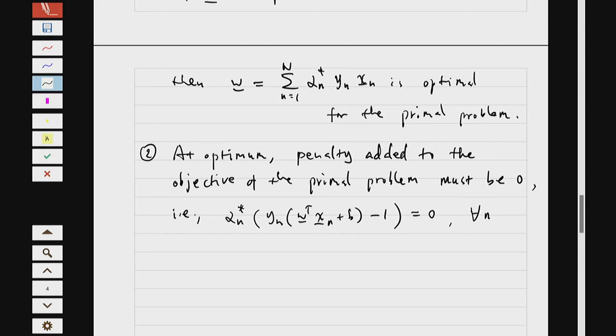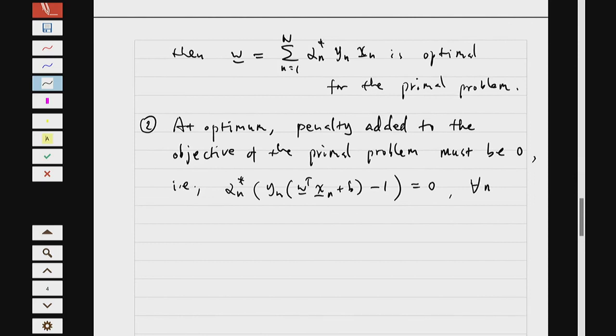It's enough to say that the penalty at the end has to be 0. That's really what the complementary slackness condition is. Otherwise, you will not be solving the original problem. So if this product has to be 0, either alpha n star has to be 0, or this has to be exactly equal to 1.